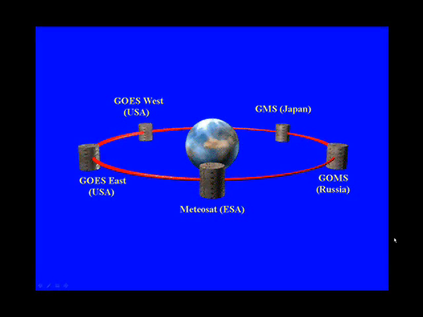Meteosat is the European one, which is over the Greenwich meridian and equator, so 0 degrees north and 0 degrees east-west. The Americans also run what are called GOES East and GOES West, which are two geostationary satellites over the Americas. Japan runs one and Russia also runs one.